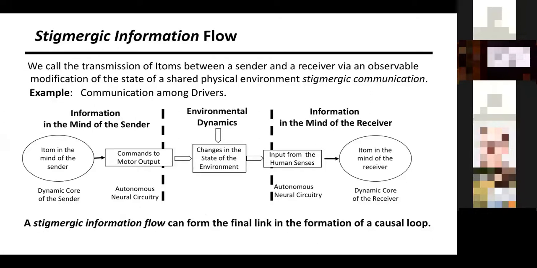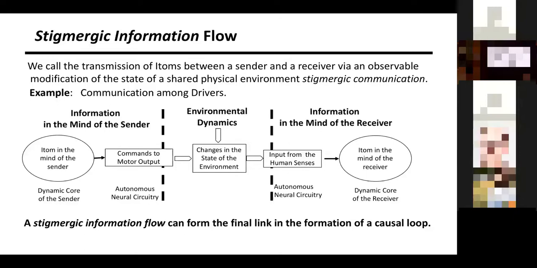Let me now go to the other part of information, which is also very important, and that is the stigmergic information flow. May I ask you, who knows about the stigmergic information flow? Anyone ran into this? I think this is a very important concept, and it's a different way of bringing information from a sender to a receiver without using symbols.